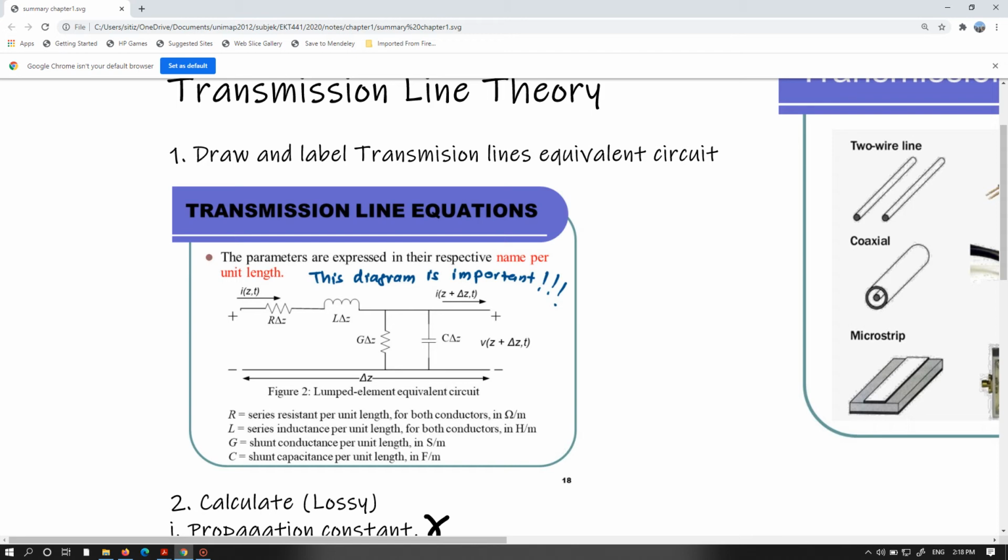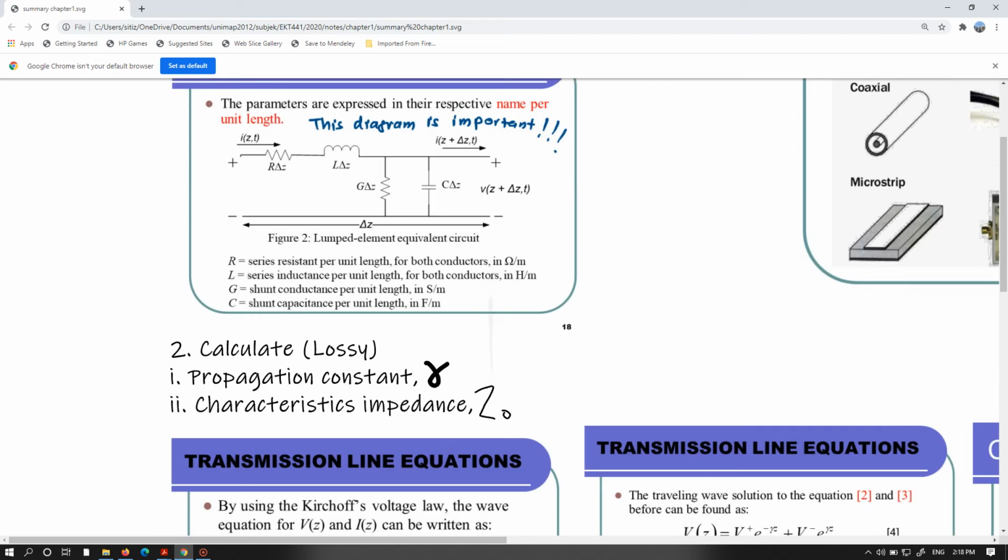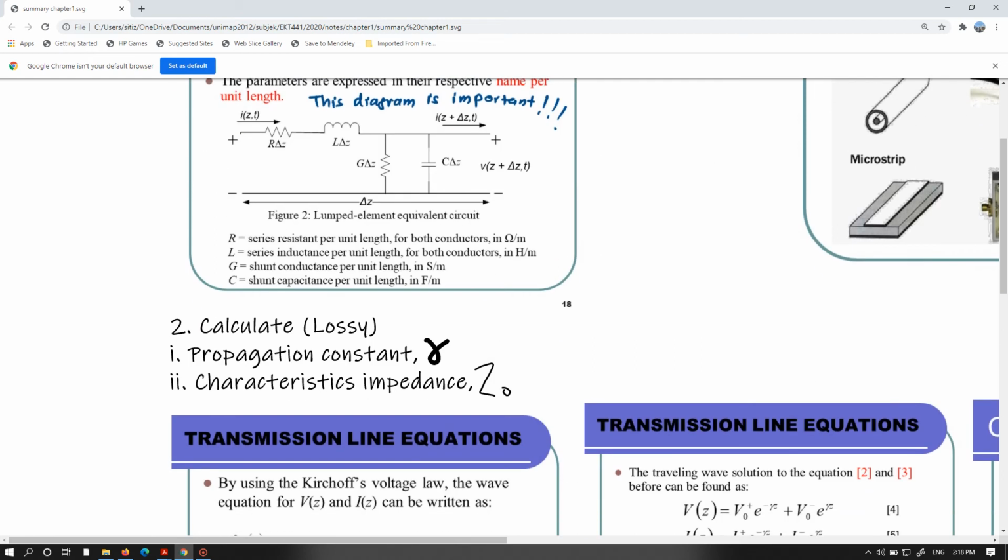This is what we call a lossy transmission line. From this circuit diagram you can determine 2 parameters: the propagation constant with the symbol gamma, and the characteristic impedance Z0, meaning that your transmission line will have an impedance.